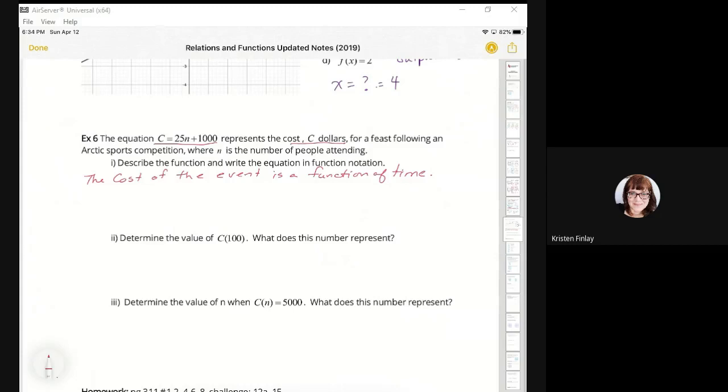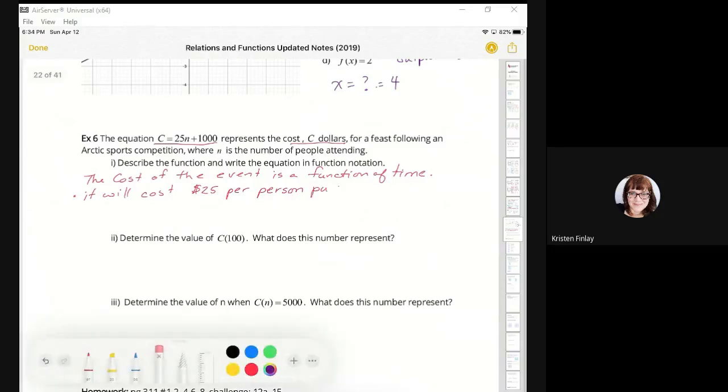It will cost $25 per person plus $1,000 in other fees.